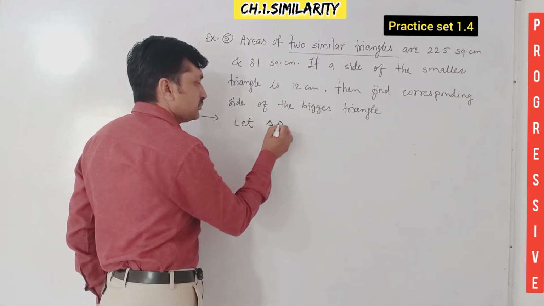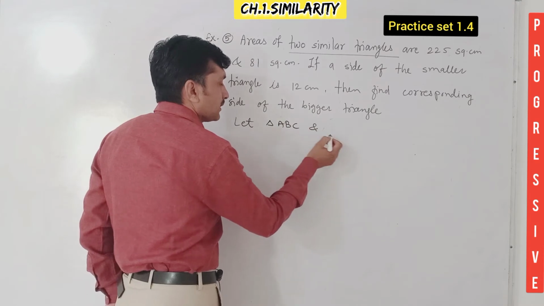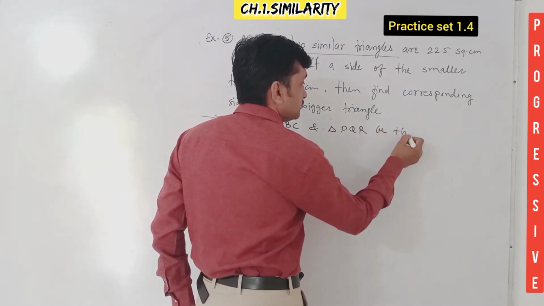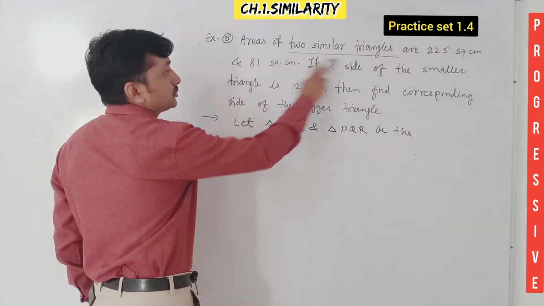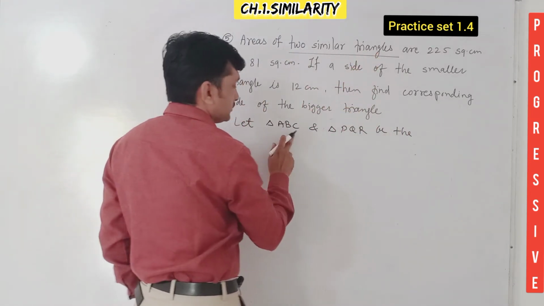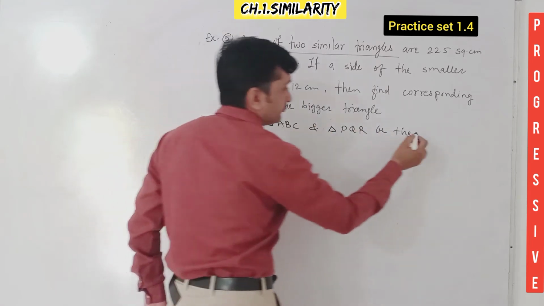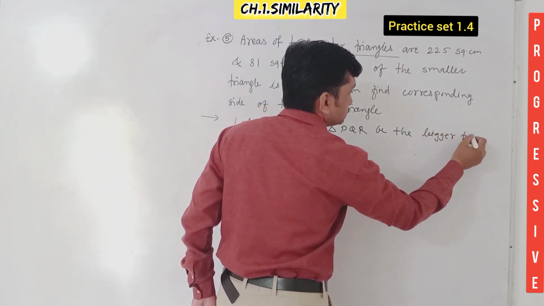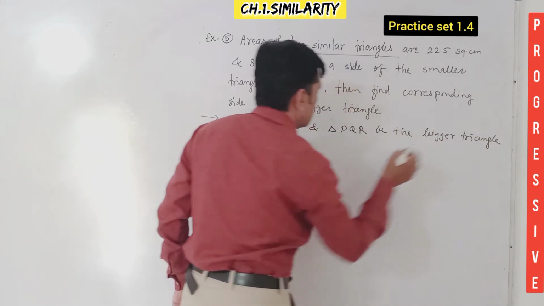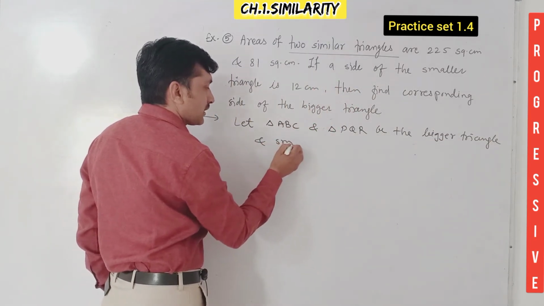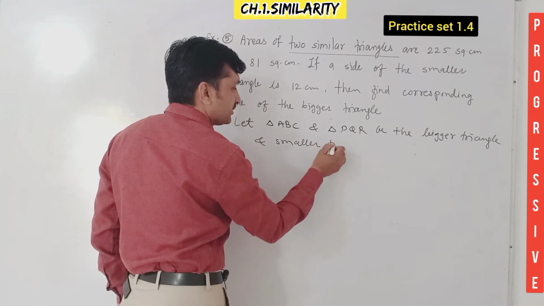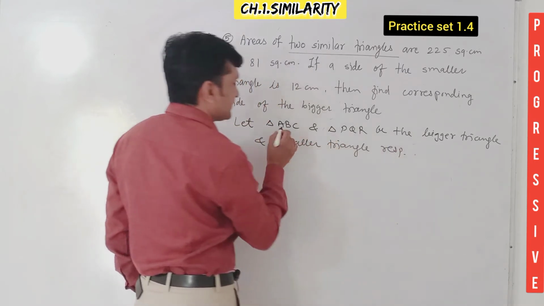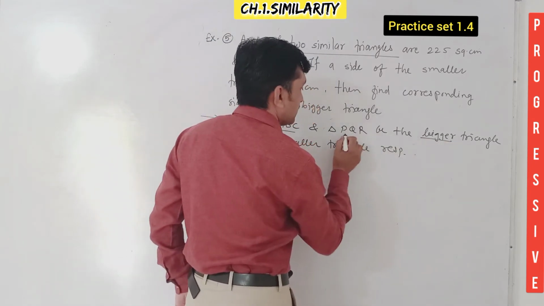Let triangle ABC and triangle PQR be the bigger triangle and the smaller triangle respectively. Respectively means ABC bigger and PQR smaller.